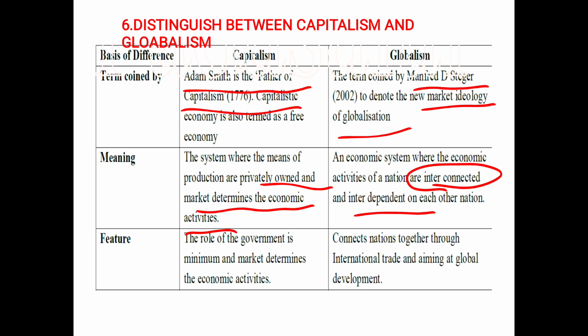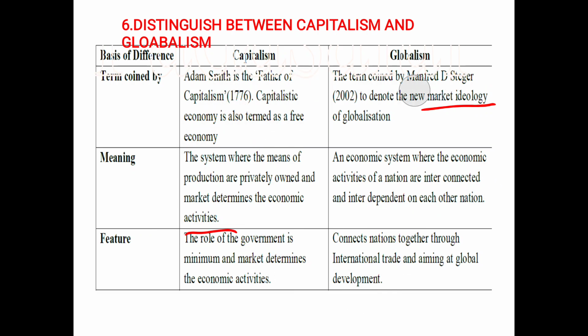Next is the feature. The role of the government is minimum and the market determines the economic activity. How about globalism? It connects nations together through international trade and global developments. So this is the difference between capitalism and globalism.